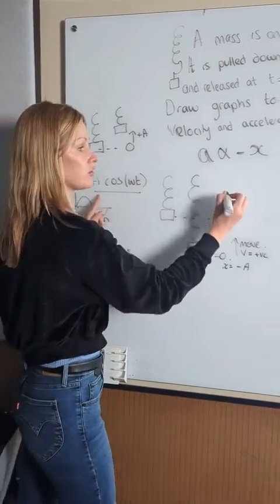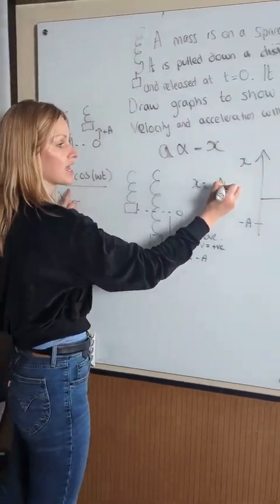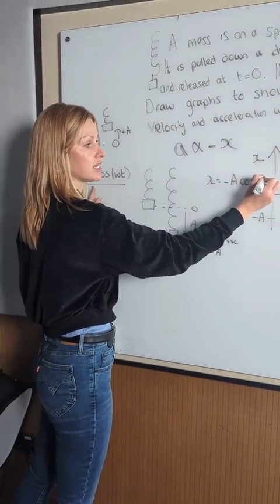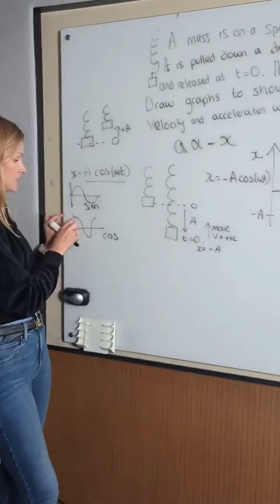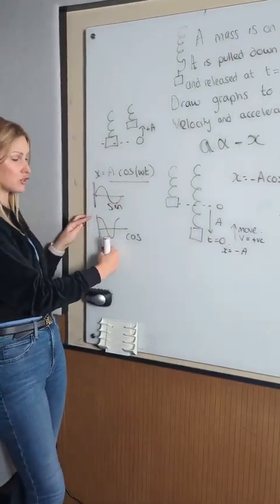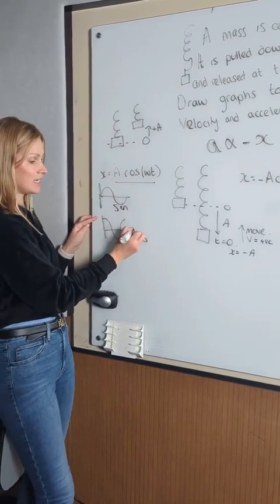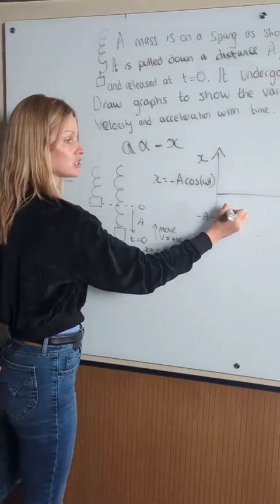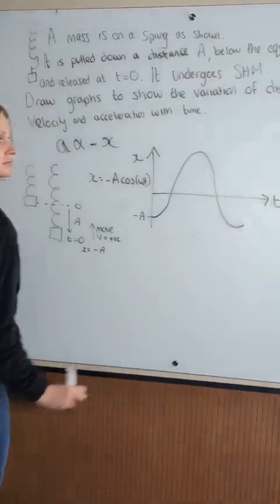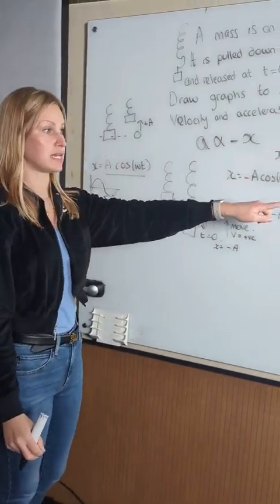So our equation for x is going to be negative a cosine wt. I look at my cosine graph, but I want the negative version of it, so I reflect it in the x-axis. That makes sense because it started here, and then I just finish off my wave. So that's my displacement time graph.